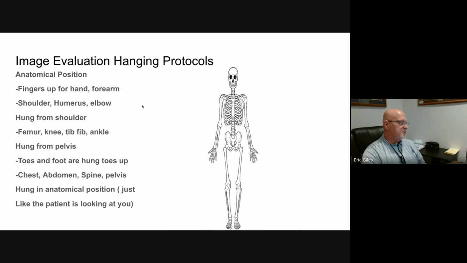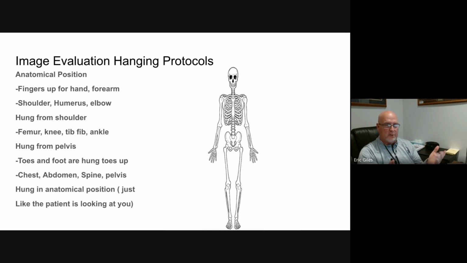So shoulders, humerus, elbow need to be hung from the shoulder, okay? So say we shoot a humerus, and it comes up and dang it, the head of the humerus is down on the bottom of the film. What do we do? Okay, we're going to turn that humerus up so it's hanging from the shoulder, okay?